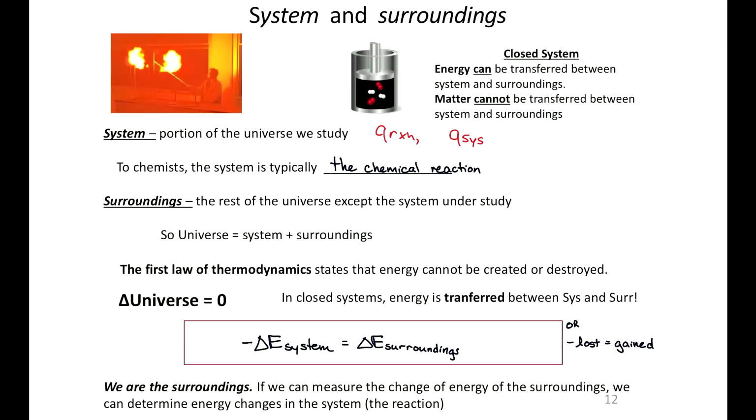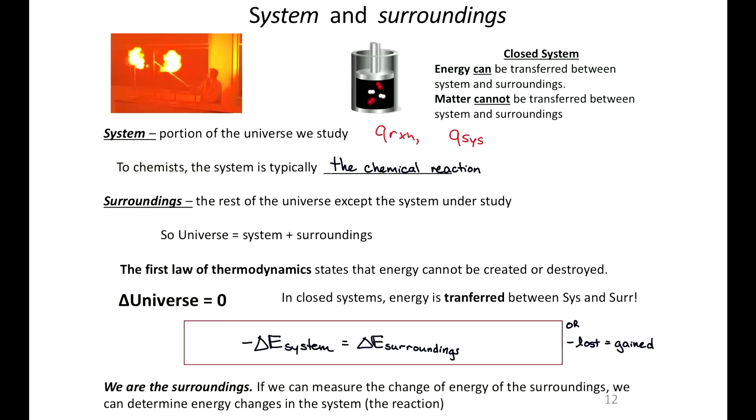So we can make this definition: the universe is equal to your system, the thing you care about, and the surroundings. So where do we fall in this? Where do our observations fall? We are the what? Surroundings. We are the surroundings. The chemical reaction is the system. So we've got system, we've got surroundings, and those two things put together are our universe.